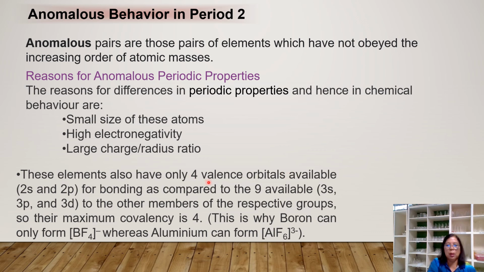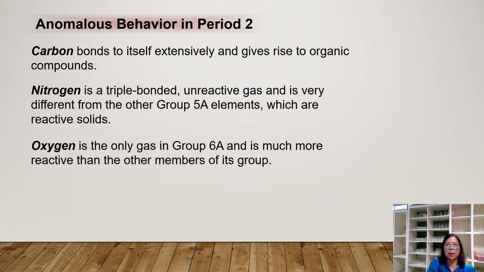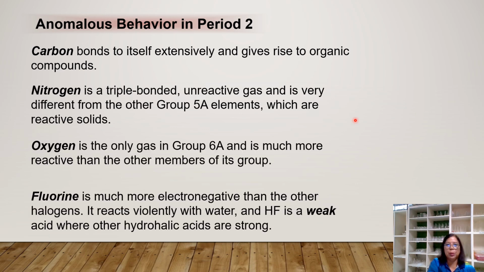This element has only 4 valence electrons available as compared to 9. This is already referring to the anomalous behavior in period 2 exhibited by the gases, including the carbon.